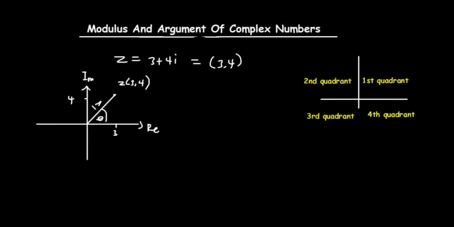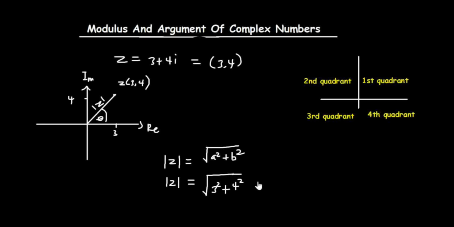So this is the modulus, and I have to calculate these two values. We can use Pythagoras theorem to calculate the modulus, and the general formula is: modulus equals the square root of A squared plus B squared. So the modulus equals the square root of 3 squared, A in this case, plus B squared, which is 4 squared.